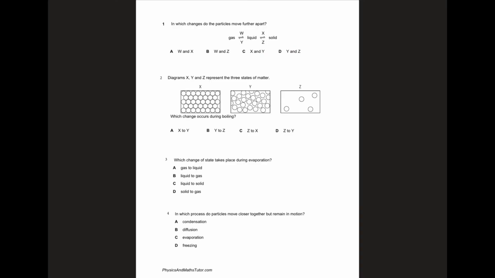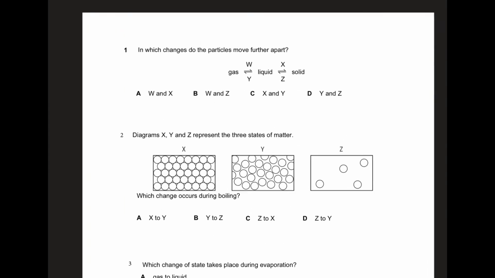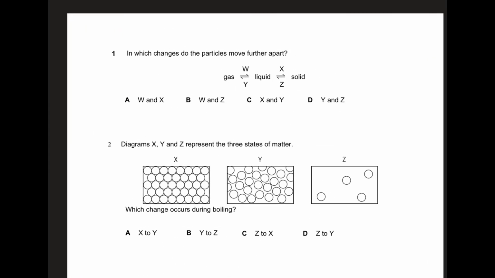Now let's look at the past year questions. For multiple choice questions, let's say question 1. In which changes do the particles move further apart? Move further apart means the particles are further from each other. So what do you think?